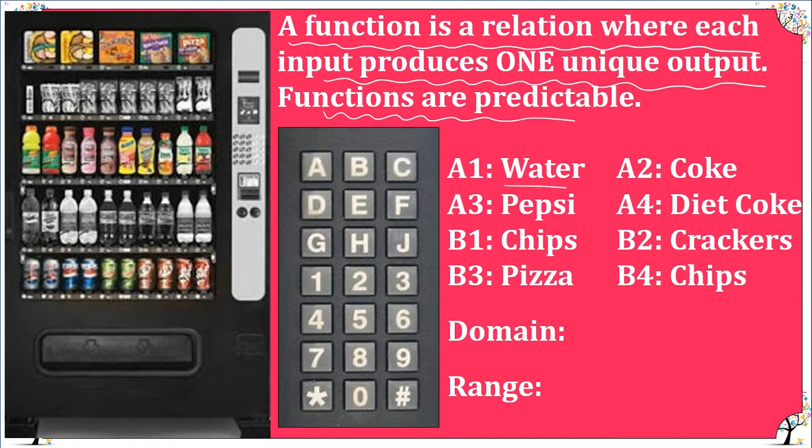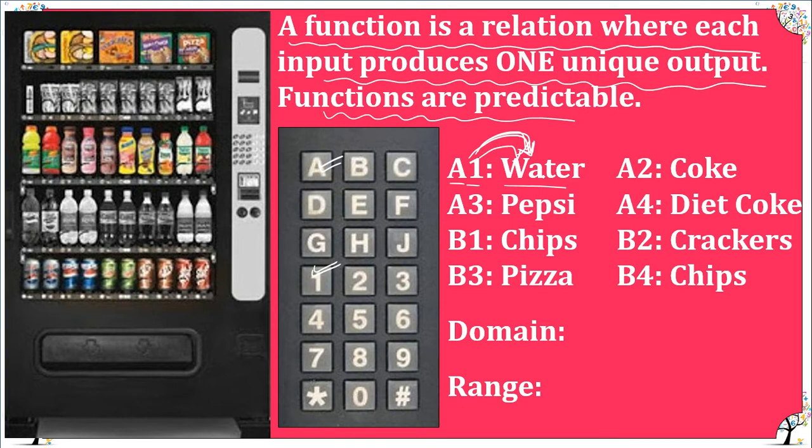If I press A1 and I get water, and then I press A1 again and I get Coke, A1 gave me water and it also gave me Coke, and it's not predictable. It's not giving me one unique output. It has to give me the exact same thing every time I press the code A1. And so this vending machine, if it is functioning properly, is an example of a function because every time I press A1, I get water.